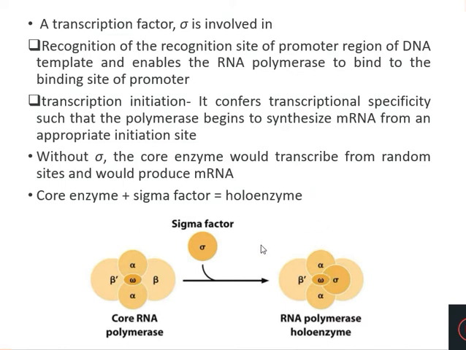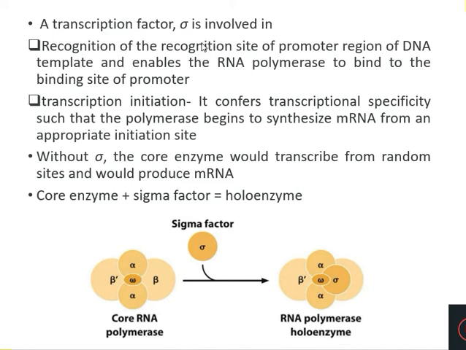So, only when sigma factor binds to this RNA polymerase can this RNA polymerase correctly bind to the promoter region, and thereby it will also initiate the transcription process. It confers transcriptional specificity such that the polymerase begins to synthesize mRNA from an appropriate initiation site.